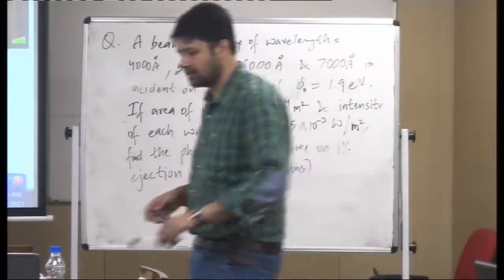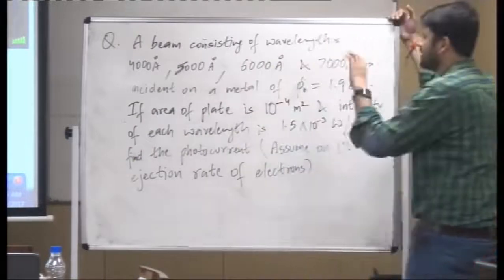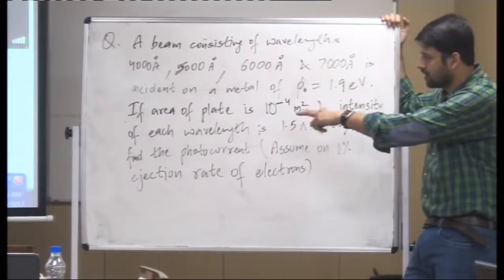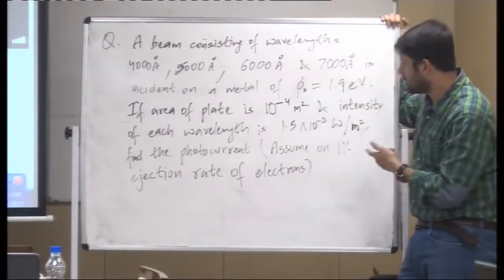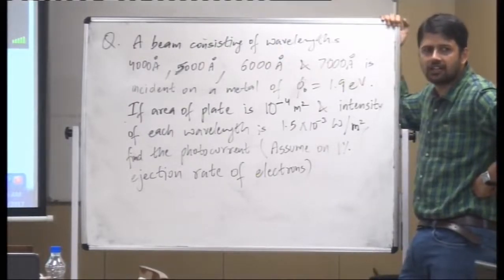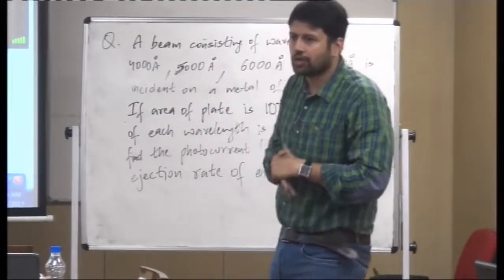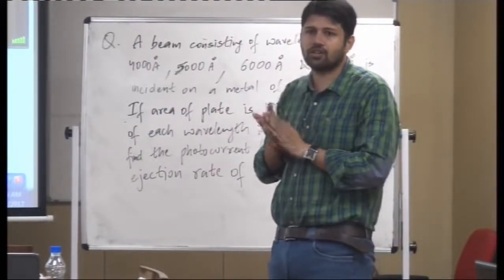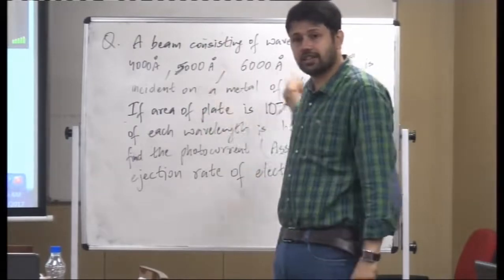What happens actually, 4 wavelengths are incident, this is the work function given and the area and the intensity, and 1% ejection. You need to check whether each of them would be able to cause photoelectric effect. Then you need to find the number of photons for each of the wavelengths.